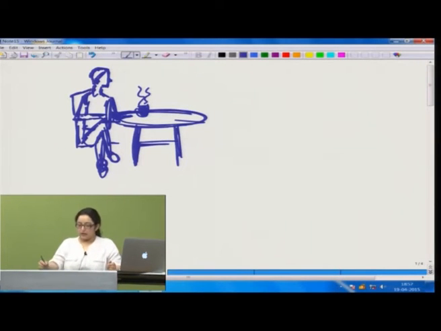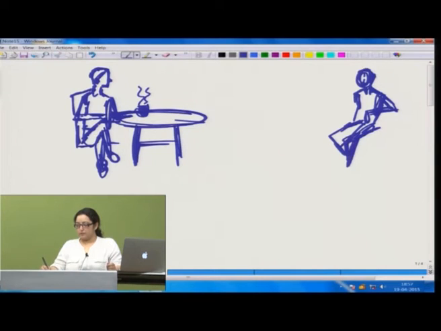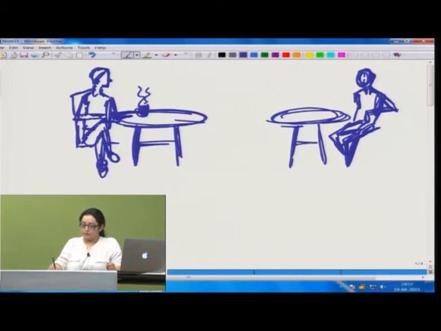If we have another character here who is sitting in the same location, in another chair, in a slightly different posture, beside the table, with another cup of tea.